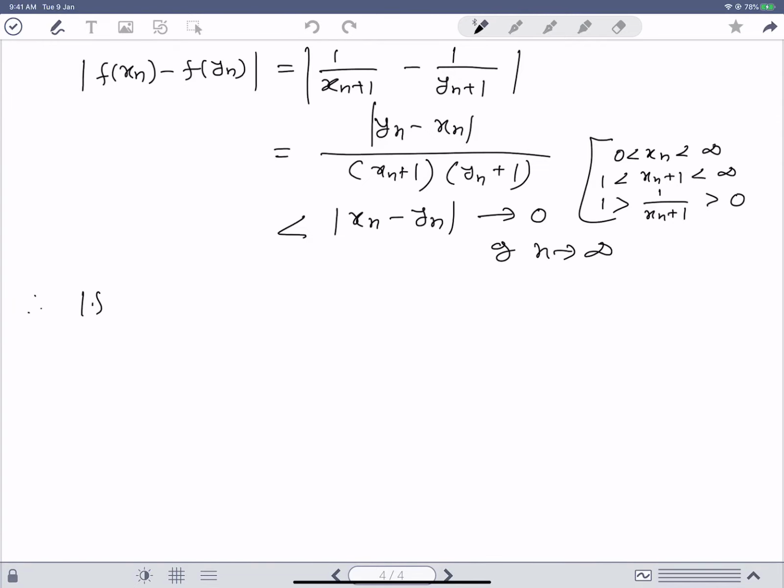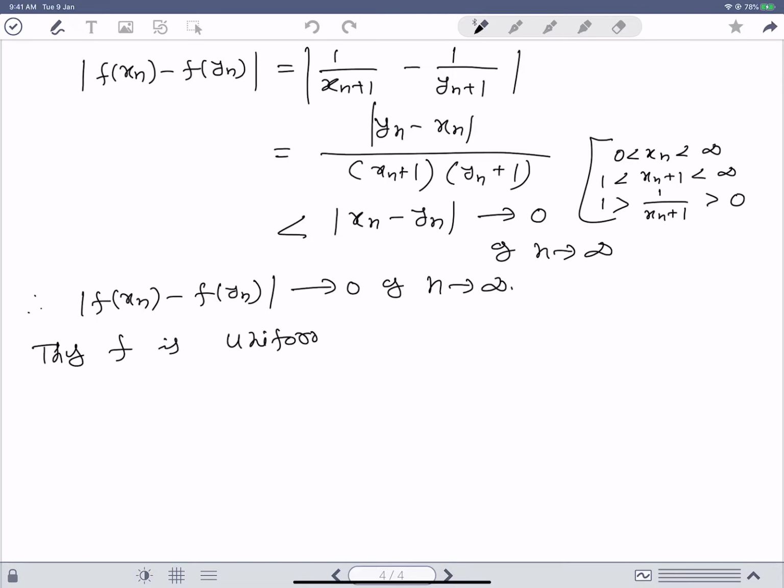So f of xn minus f of yn converges to 0 as n tends to infinity. Thus f is uniformly continuous on the domain 0 to infinity, right? So we have chosen three functions, and all three are uniformly continuous on the domain, but for one we had the limit infinite, for one the limit does not exist, and for this one the limit exists and is finite, right?